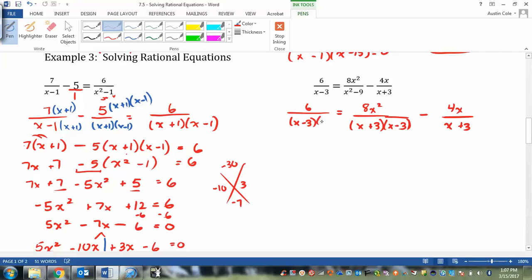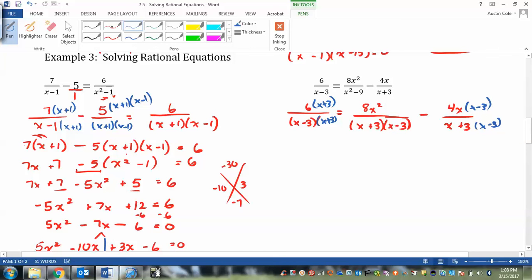So I need to have an x minus 3 here and here. And I need to have an x, excuse me, that should be plus, right? Correct? X minus 3, x minus 3.